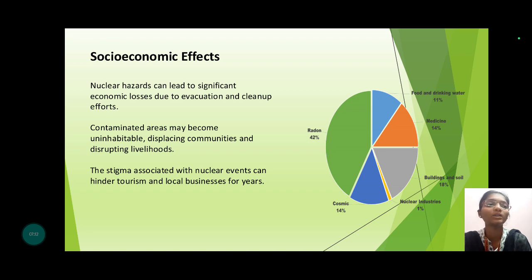In the side picture in the pie chart, the green color part represents radon at 42%, the thick blue color represents cosmic at about 14%, the gray color represents buildings and soil at 18%, the little bit of yellow color represents nuclear industries at 1%, the orange color represents medicine at 14%, and the last one, the sky blue color, represents food and drinking water at 11%.